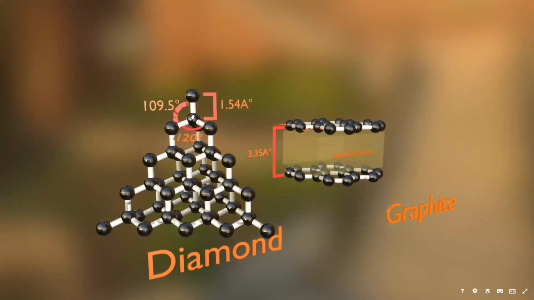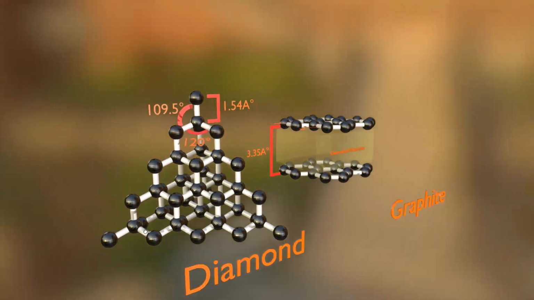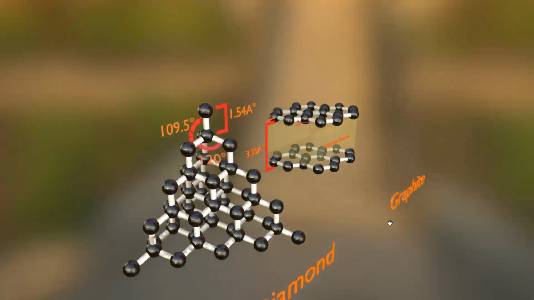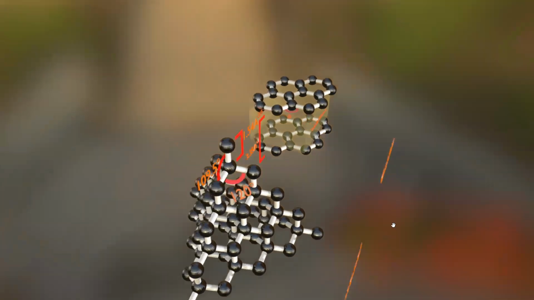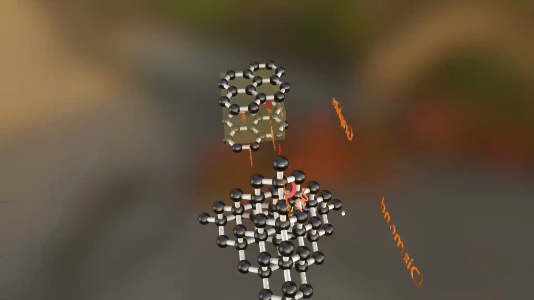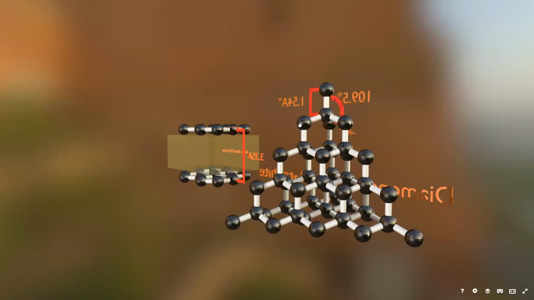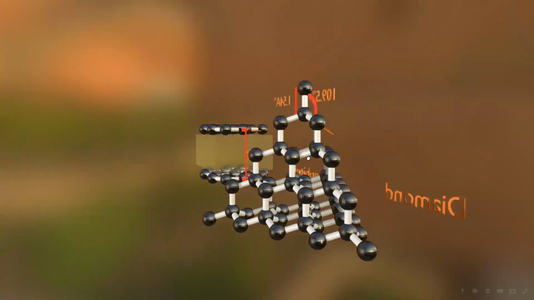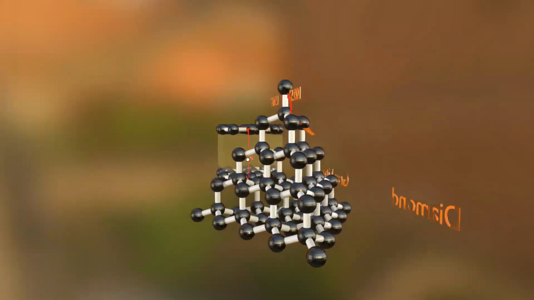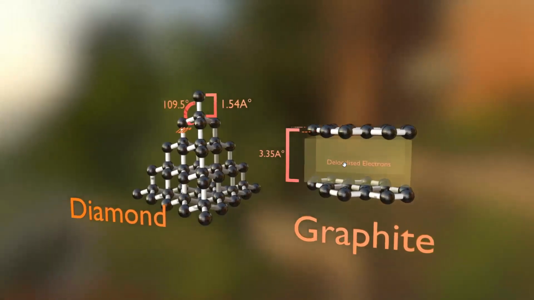I'm moving down like this, like this, like this. Then at this carbon I changed direction. I came from here and I am here now. Then I can move here, and you can again trace back to the same carbon atom. Correct? Yes, sir. You have to move a bit, but all of the carbon atoms are connected. So this is diamond, and this is kind of cool. I never saw this before. Thanks for asking the question.